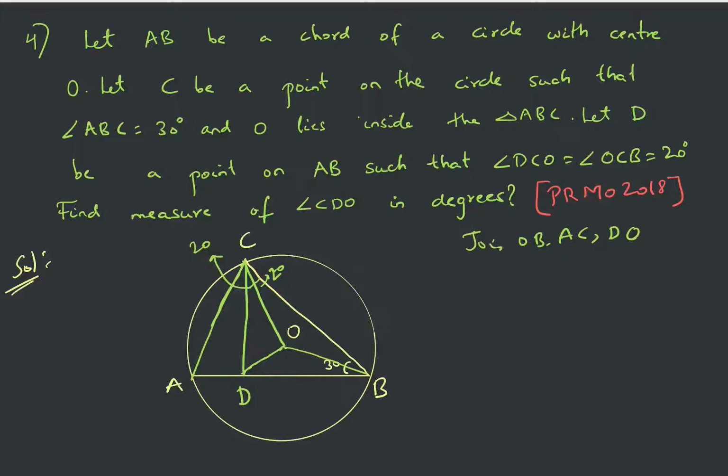Now since this triangle is isosceles, if this is 20, then this is also 20. So angle OBC is equal to angle OCB is equal to 20 degrees. So then this is 20 and this is 10. Okay, so this angle is 10. Just a second, let me make it clear.